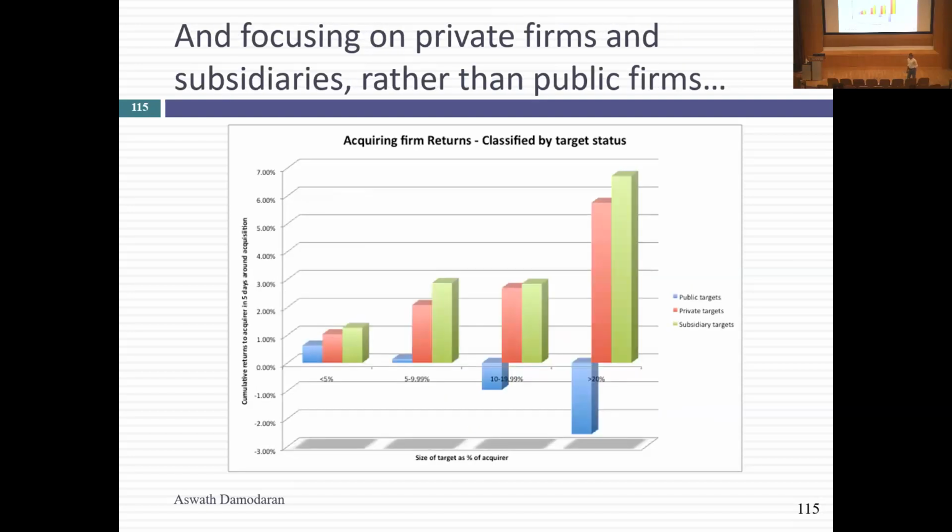And focusing on private companies is a clear winner over public companies. So basically the way to read this is, again, small to large deals in every single segment. The green, the red is a private, the blue is the public. But there's an even better strategy than actually private targets.